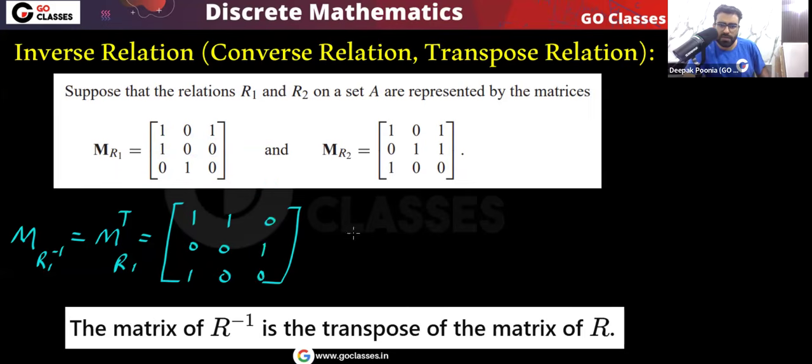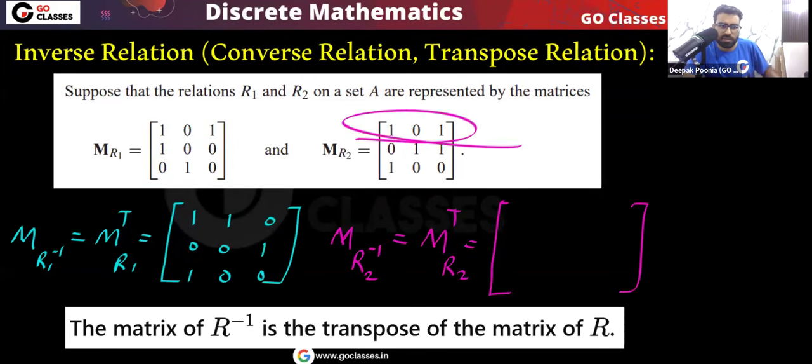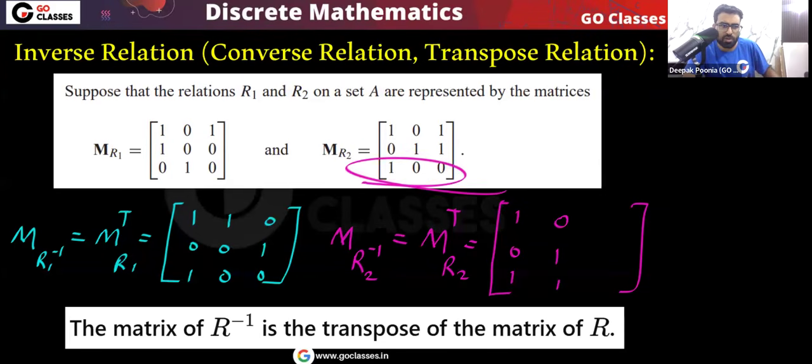What about R2 inverse? It will be the transpose of the matrix representation of R2. Again, the first row becomes the first column, the second row becomes the second column, and the third row becomes the third column. That's it. I hope you understood.